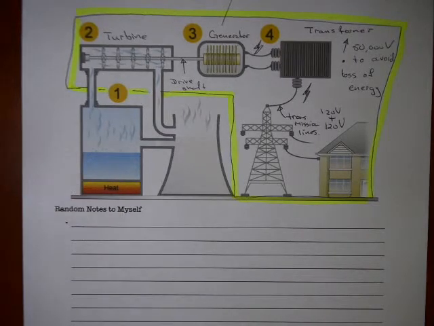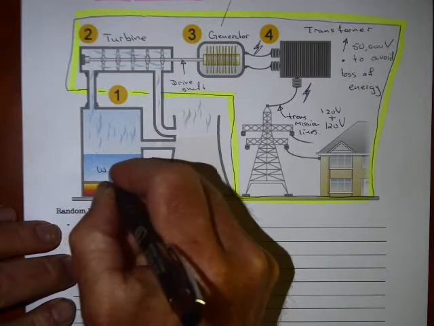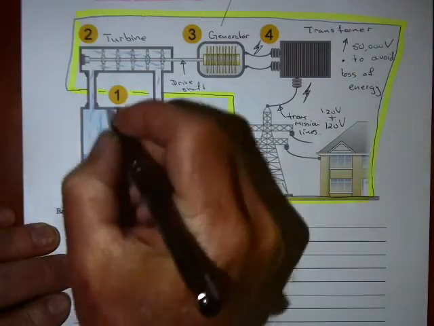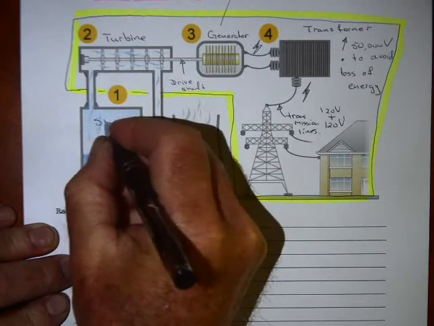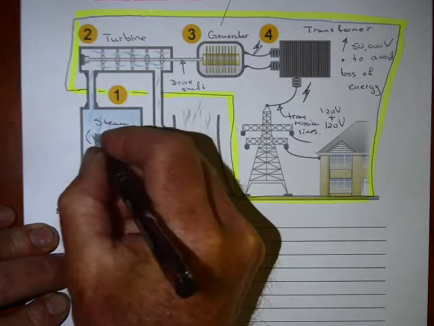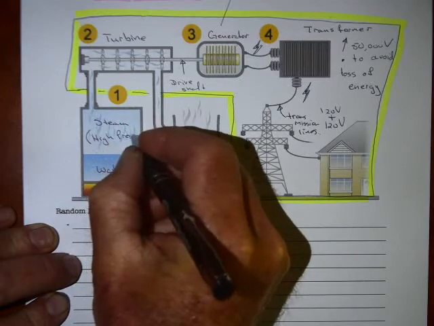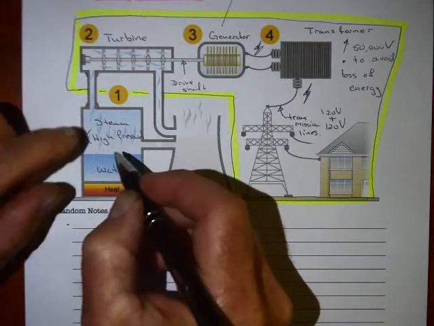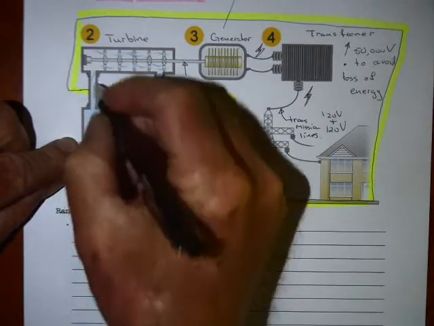So this is heat, this is liquid water, and it heats it to high pressure steam. So this is steam that is high pressure, and this steam, because it's in an enclosed container, that's how we can make the high pressure, and it is piped through here.